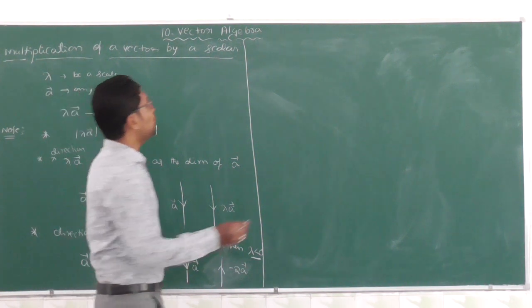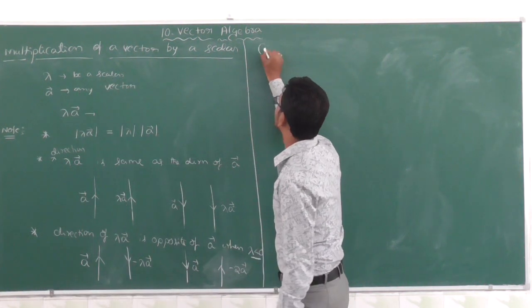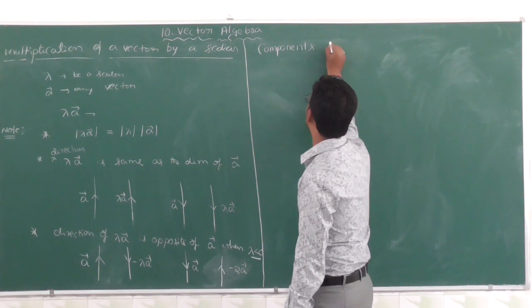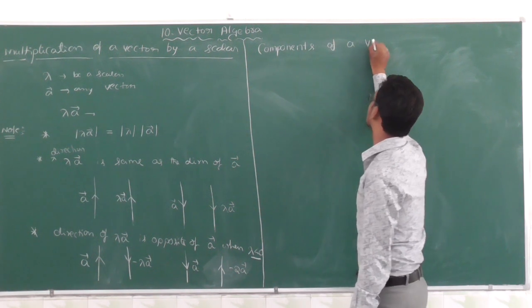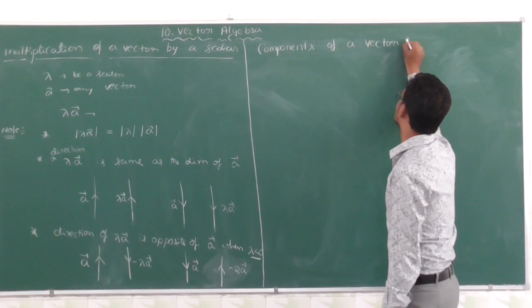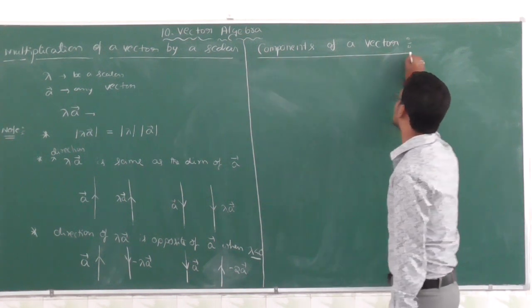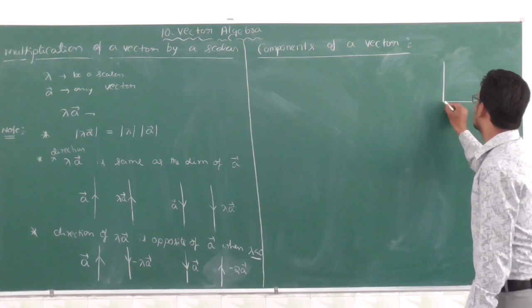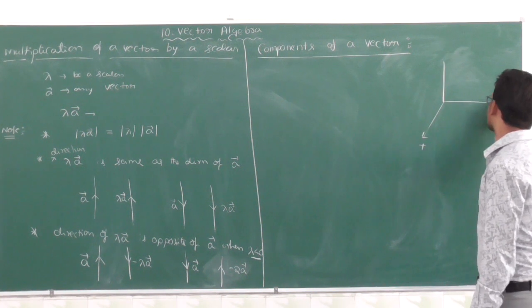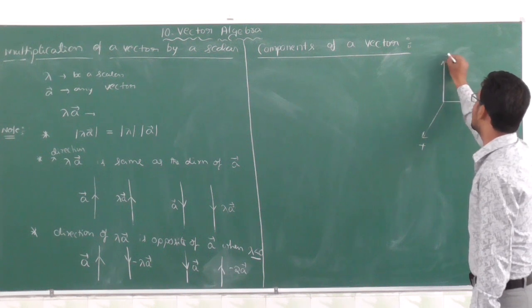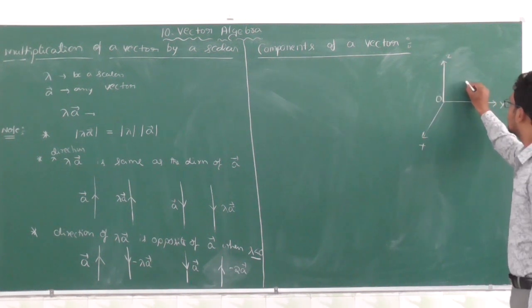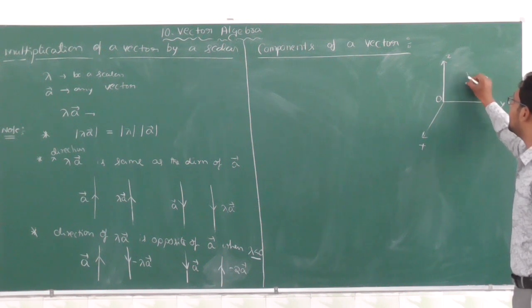Next, components of a vector. Let us consider three-dimensional space x, y, z. It is the origin.